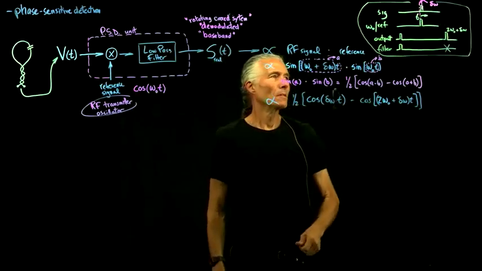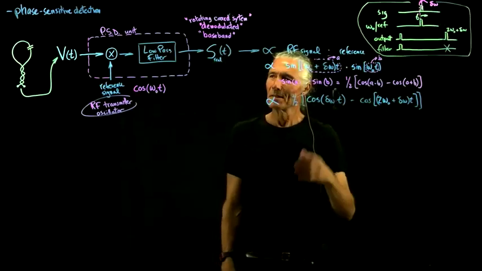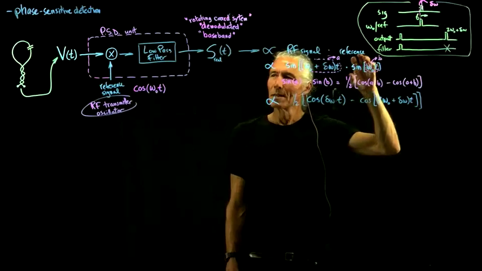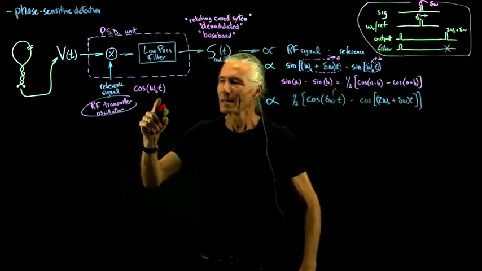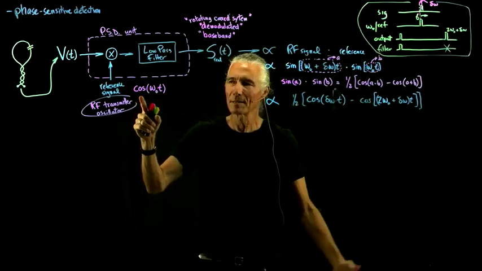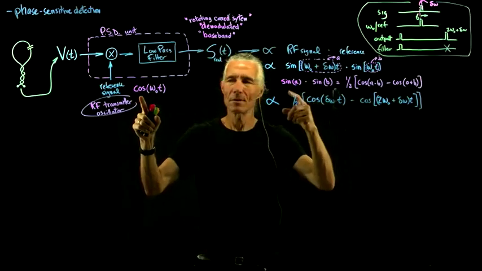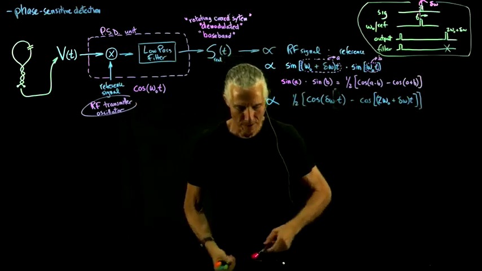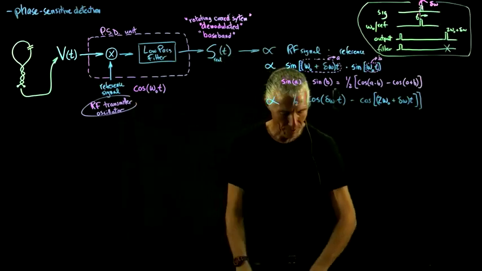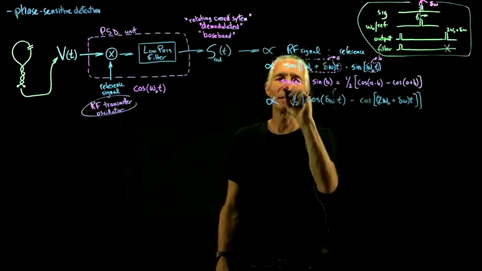Basically, by multiplying by a single frequency of a sine or a cosine, there's another trigonometric identity for multiplying a sine times a cosine. Put that one in there.